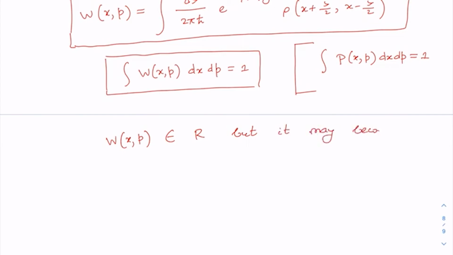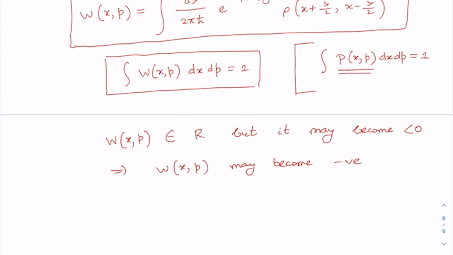That means it can become negative, though it is a real quantity. So this is something which is completely different from the classical case, because in classical statistical physics, the probability distribution function is always a positive quantity.